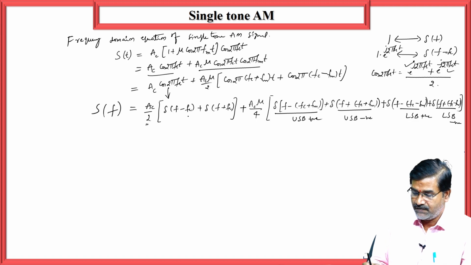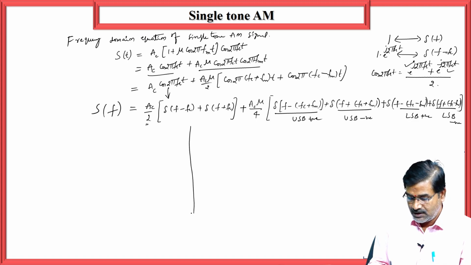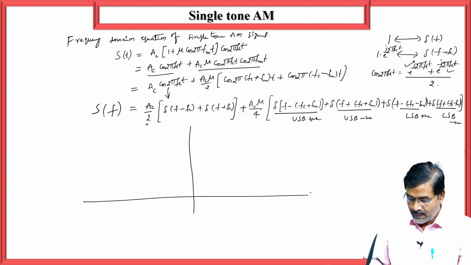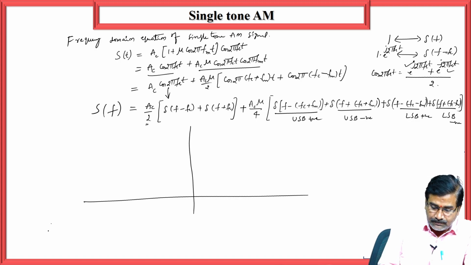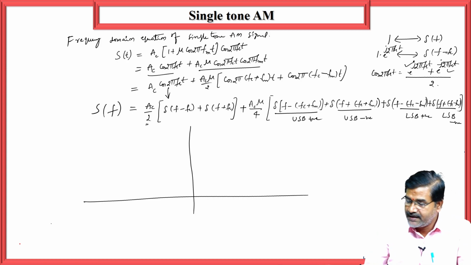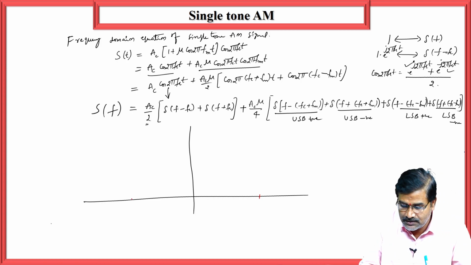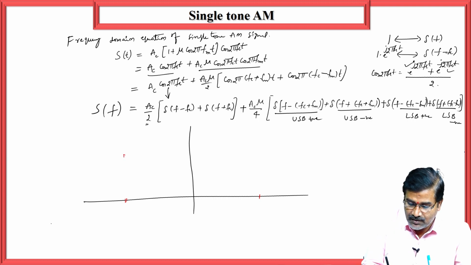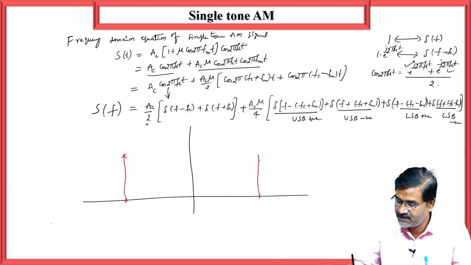So if I draw the spectrum, you will be getting the carrier components at fc and minus fc.